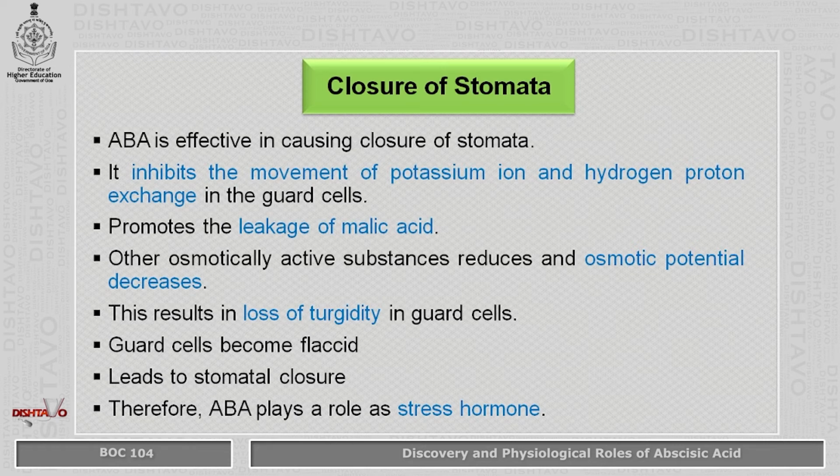It promotes the leakage of malic acid, and other osmotically active substances also reduce, which then leads to the decrease in osmotic potential. This results in loss of turgidity in the guard cells. The guard cells then become flaccid, which leads to the closure of the stomata. Therefore, abscisic acid plays a role as stress hormone.